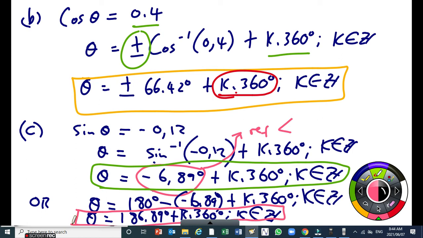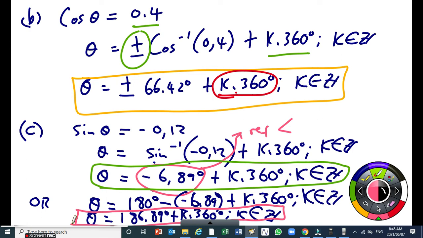So by subtracting the reference angle from 180, you are catering for the second quadrant. You're trying to find another angle. So that 180 doesn't change. You always subtract the acute reference angle from 180. Always.